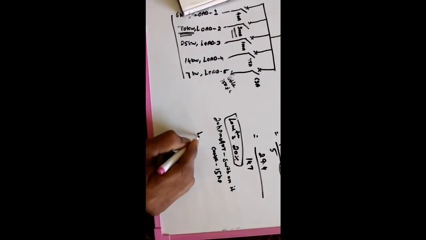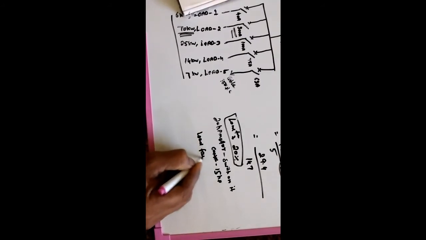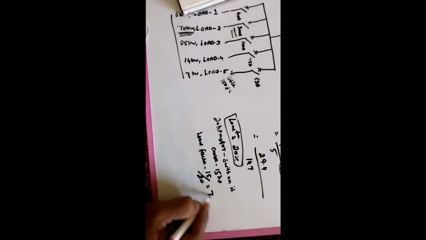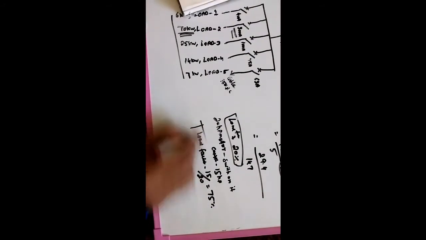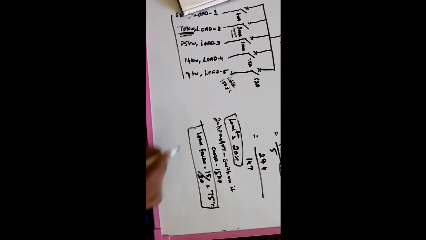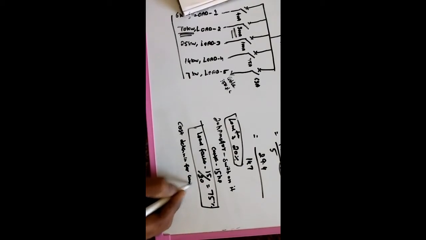So the load factor is 15 divided by 20, 75%. This is the load factor. The load factor is a very important term for determining the cost per unit overall.